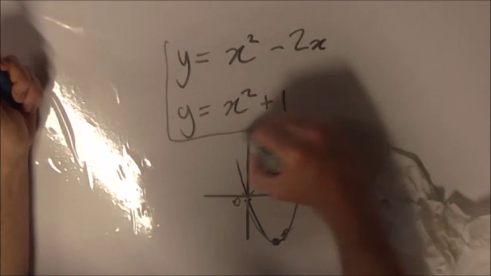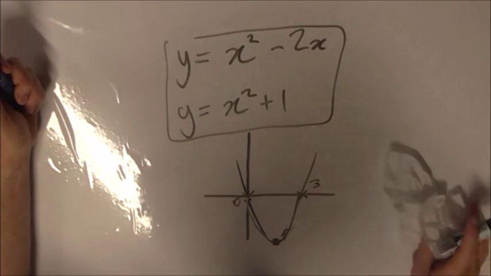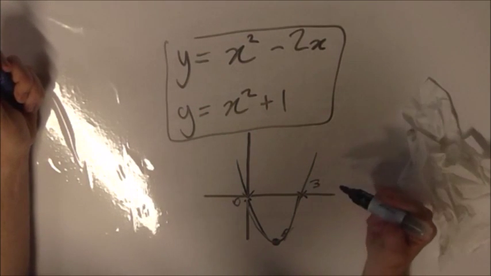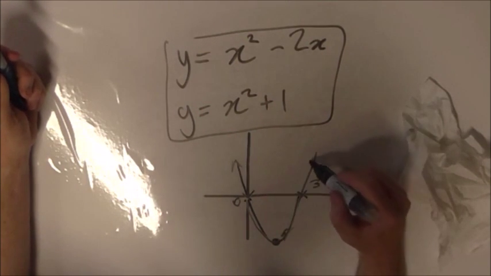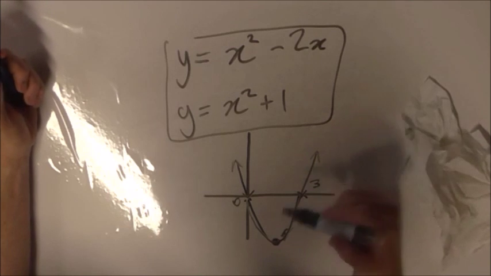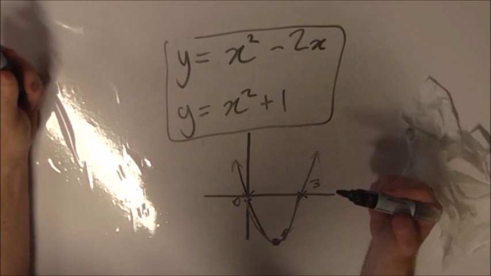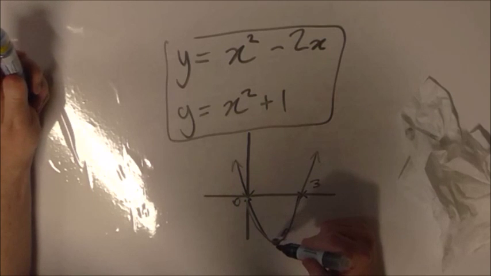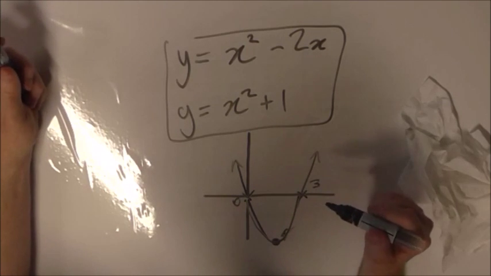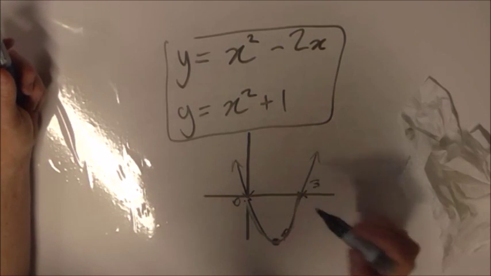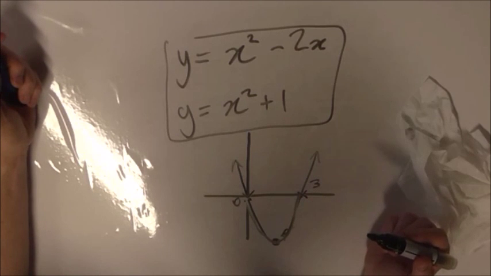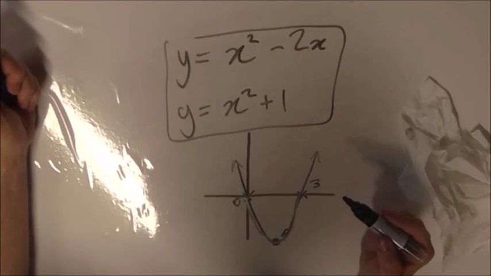So which of the 2 methods you use depends totally on the purpose that you have. If you're asked for the minimum point or the coordinates of the turning point, use a super quick table. If you're asked for when the graph is low or for when the graph is high, use a quick table.